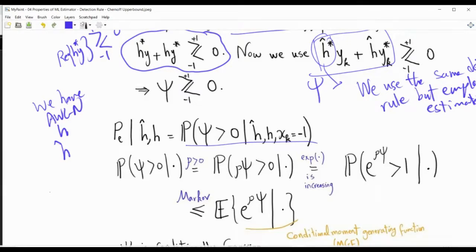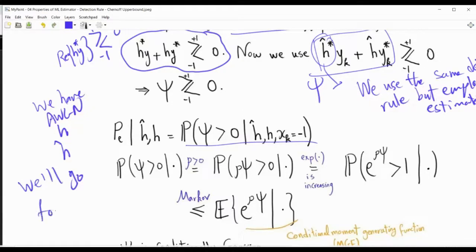You can do it, but when you come to the averaging step, you will not be able to go anywhere. So we want an upper bound, and here I will use the Chernoff bound.